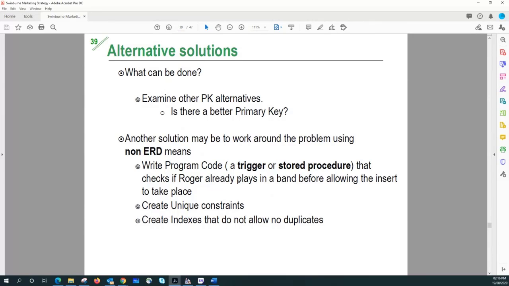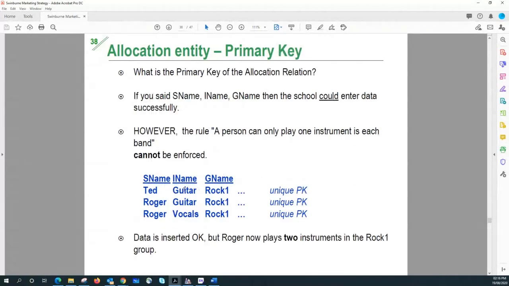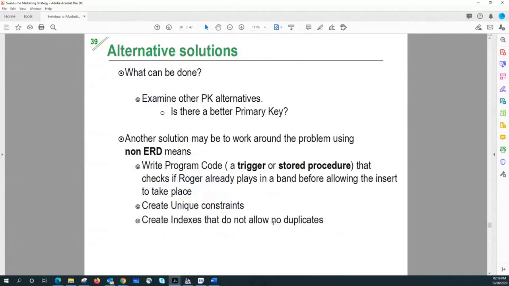I can implement it using non-ERDs, as I mentioned before. I can use programming code to check whether there are any breaches in the primary key in this combination. I can do that.